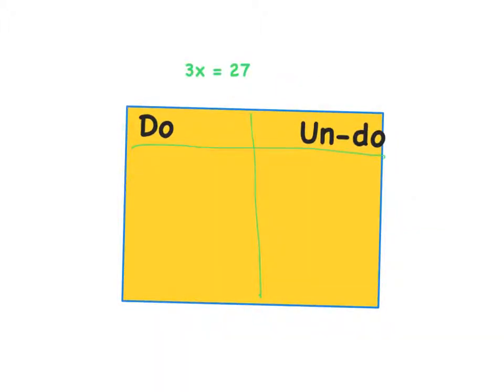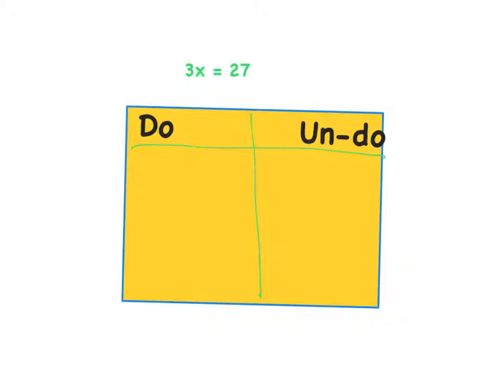Here's another one-step equation, but it's multiplication. We can see that it's multiplication because we have this term called 3x. 3 is the coefficient, x is the variable. 3 and x are being multiplied together. So I look at my do and undo box, and I can write down what is going on with the variable.